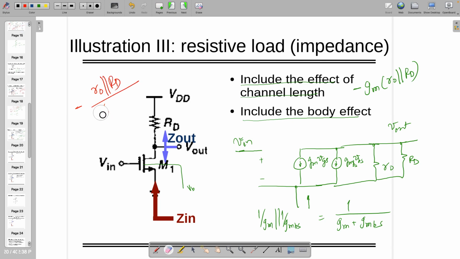So that will go upside, Gm plus Gmb. But note that direction-wise it stays minus. In a common source amplifier the gain will always be minus. So the phase difference between input and output is a 180-degree phase shift. Between input and output there is a 180-degree phase shift.